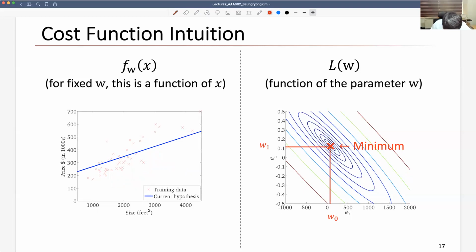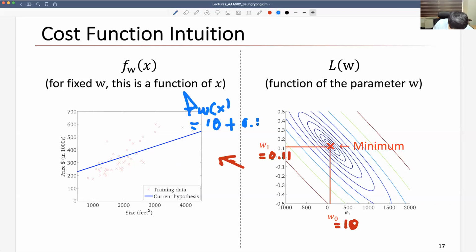When I choose W0 as, I don't know exactly, maybe 10, and W1 is going to be 0.11, something like that, then we can make our new mapping function: 10 plus 0.11x.